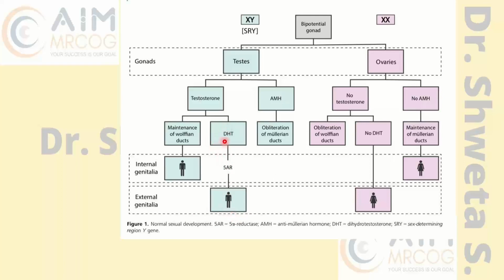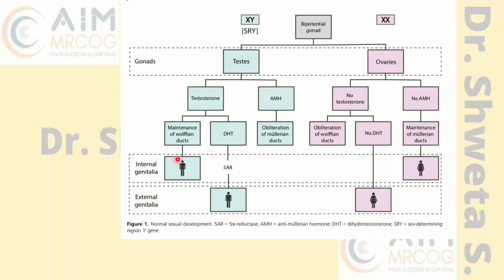If the DHT is not acting because of any means, either the DHT receptors are deficient, 5 alpha reductase is deficient, or testosterone to DHT conversion is deficient, in all this scenario, the external genitalia won't develop and it will look like a female. It will be a blind pouch like vagina.